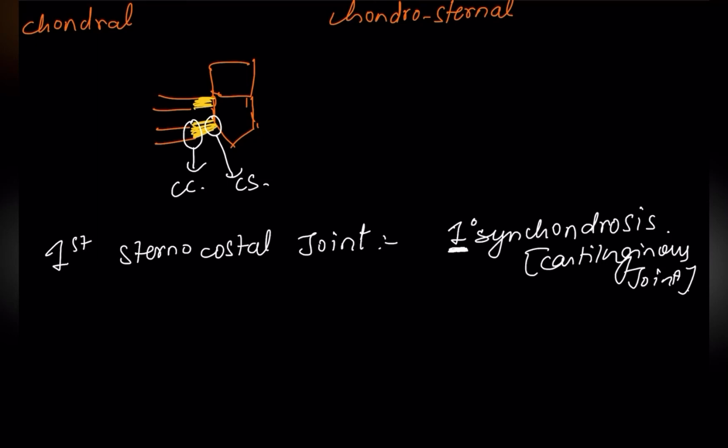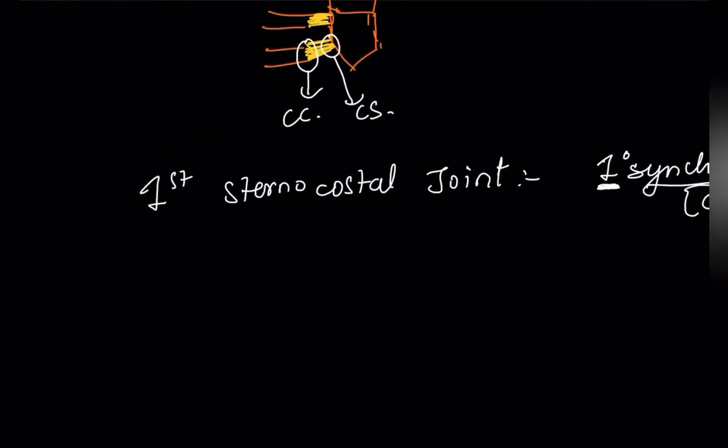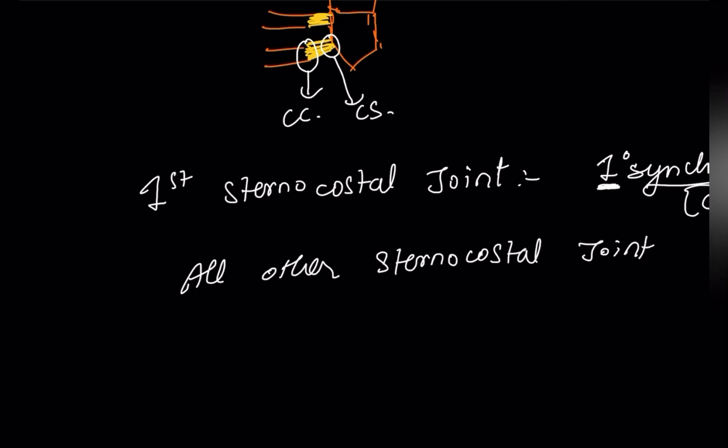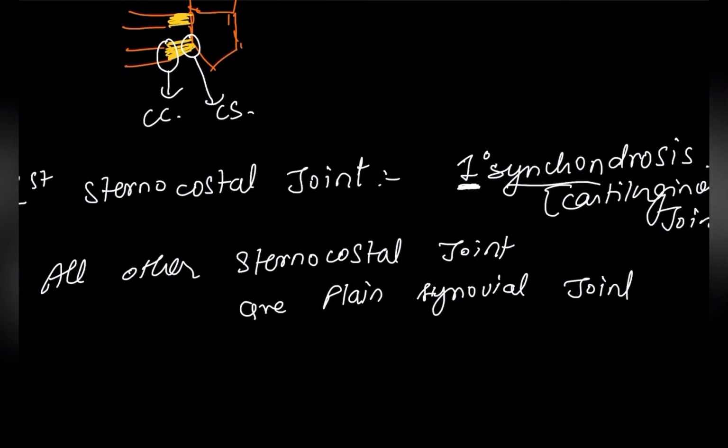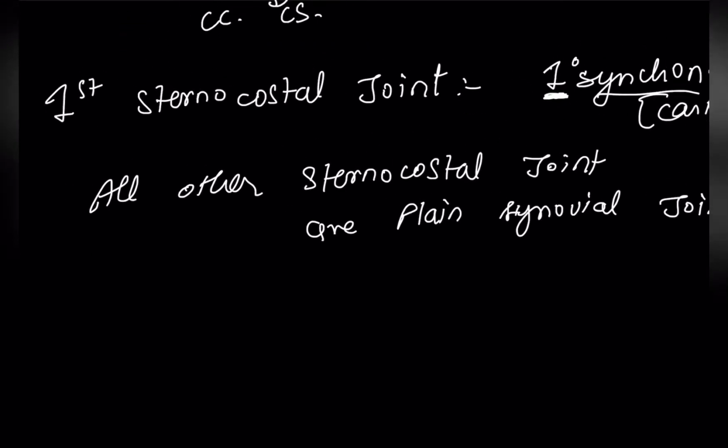I told you that is symphysis. If the answer is not given as symphysis, we go for synchondrosis, because these two, synchondrosis and symphysis, both come under a category known as cartilaginous joint or partially movable joint. Okay, and all other sternocostal joints are plain synovial joints. So remember this at any cost.